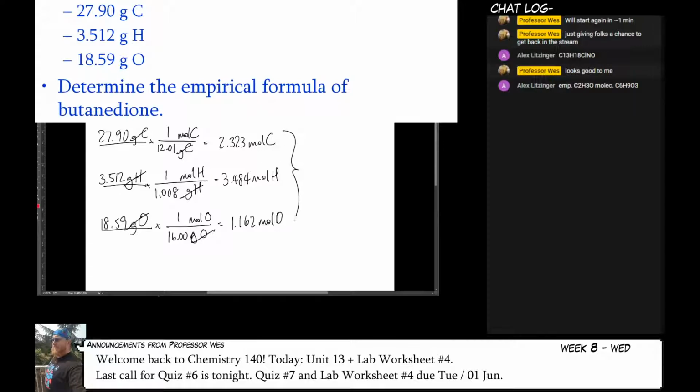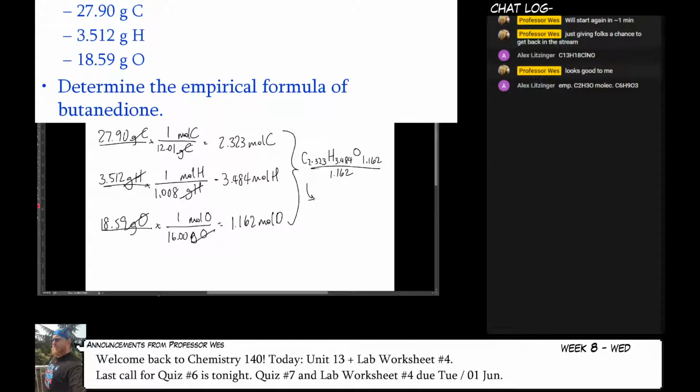So we'll take all this, we'll make our formula out of it. C 2.323, H 3.484, O 1.162. We'll divide by the smallest number, that was oxygen's number.